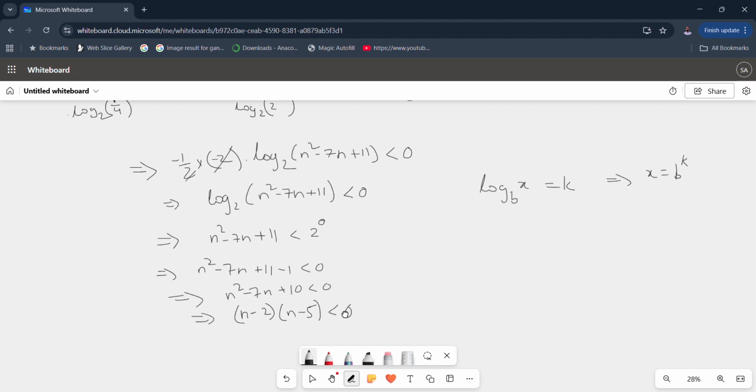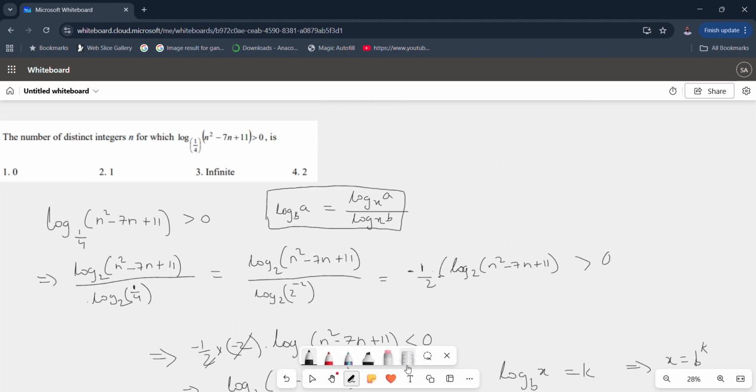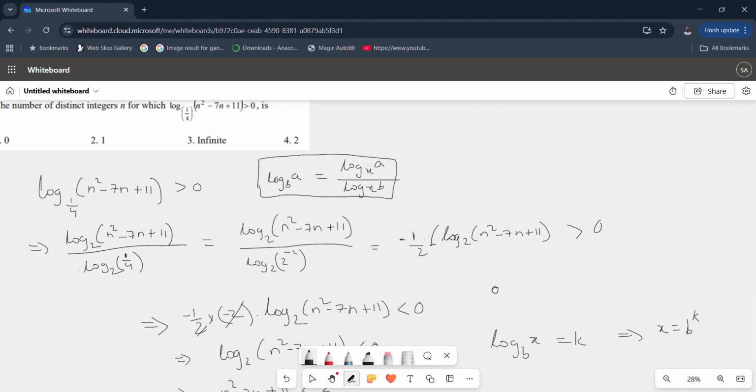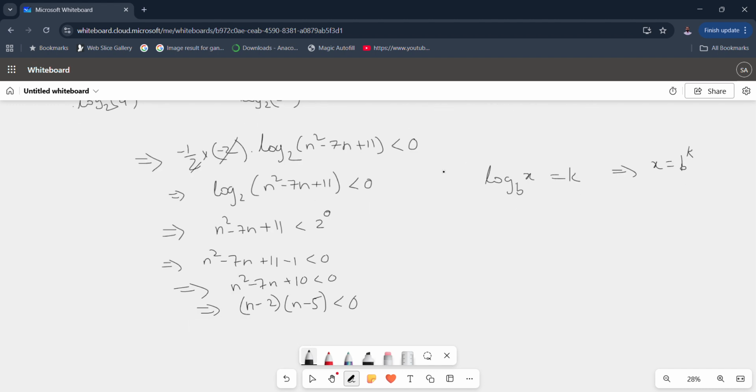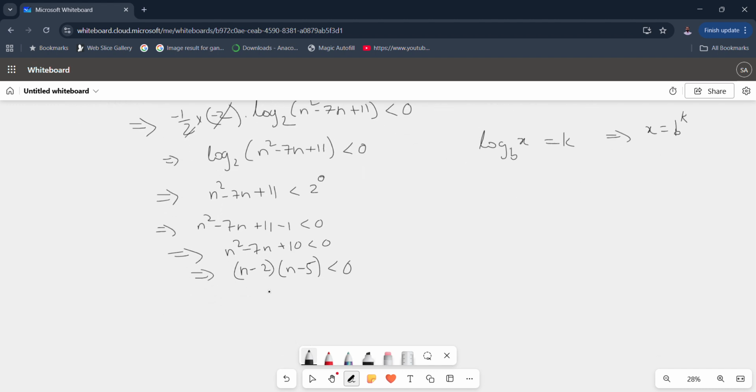Now the question asked is we need to identify all the values of n for which this inequality is satisfied. So let's put say minus 1 here. This will become minus 1 minus 2 is minus 3, and minus 1 minus 5 becomes minus 6.